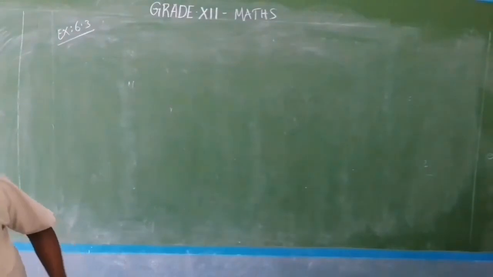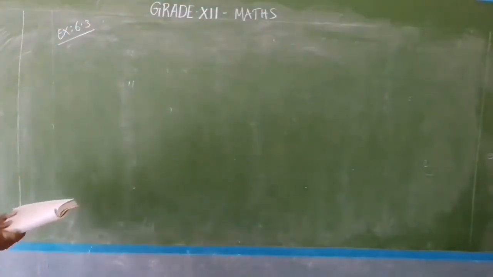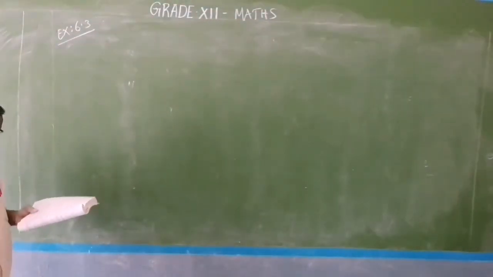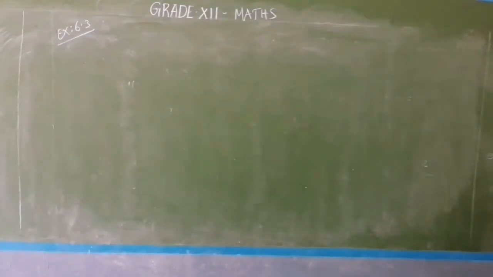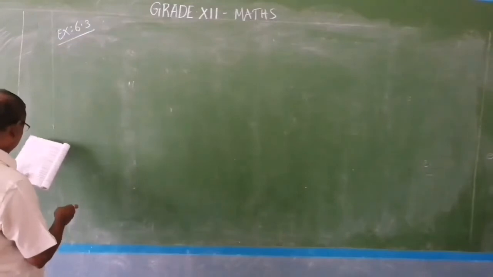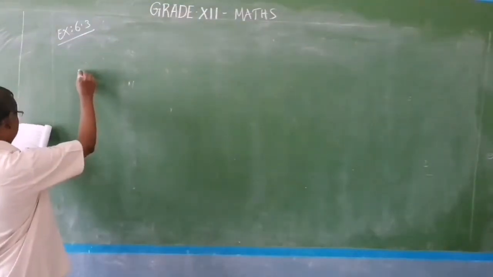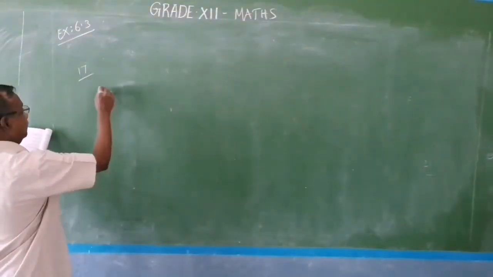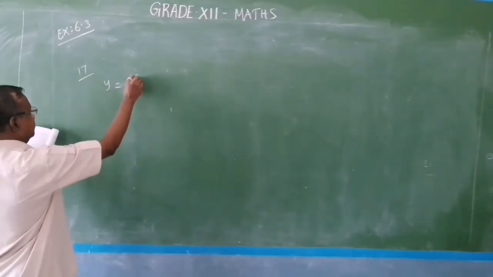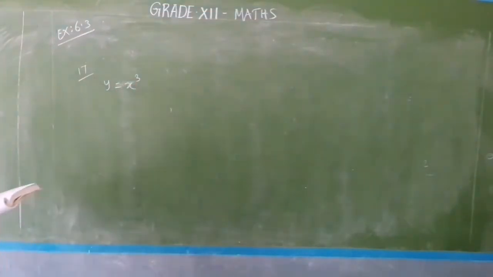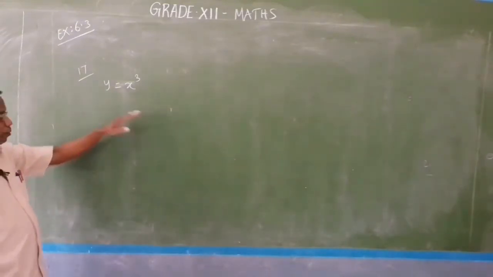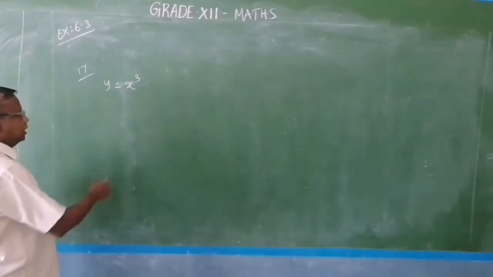Now question number 17. Find the points on the curve y equal to x cube at which the slope of the tangent is equal to the y coordinate of the point. That means slope and y coordinate are equal.